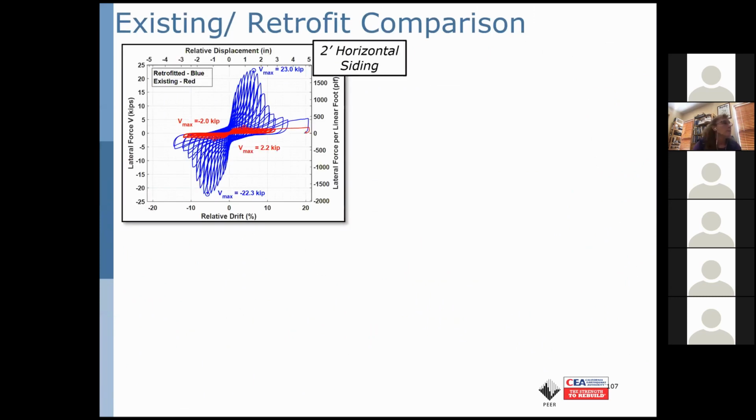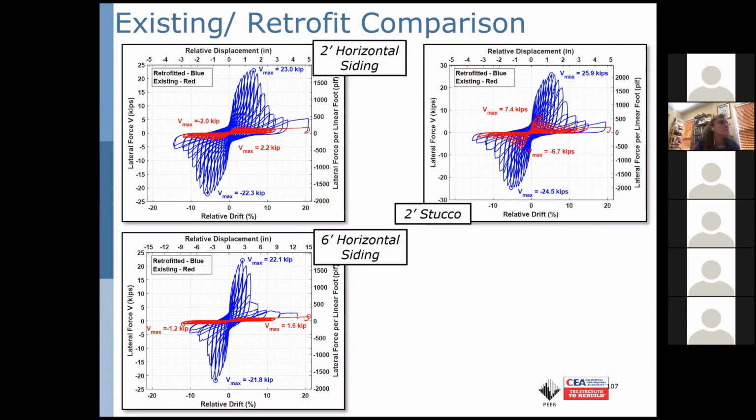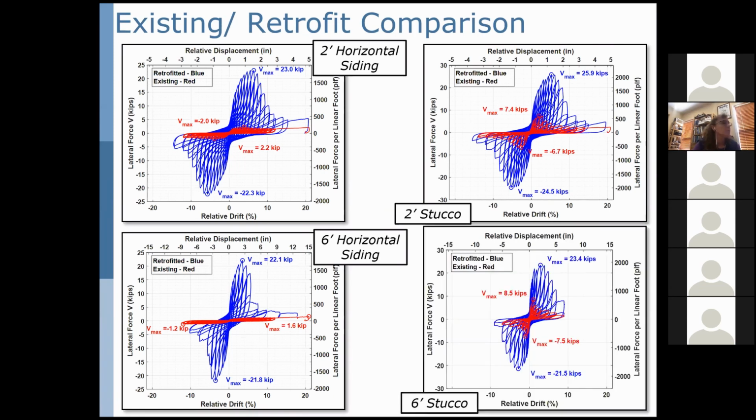Okay, the effect of retrofit was clearly something quite important to investigate experimentally, as we noted in the beginning. What you see here on the topmost row are the 2-foot tall specimens and their global hysteretic response.